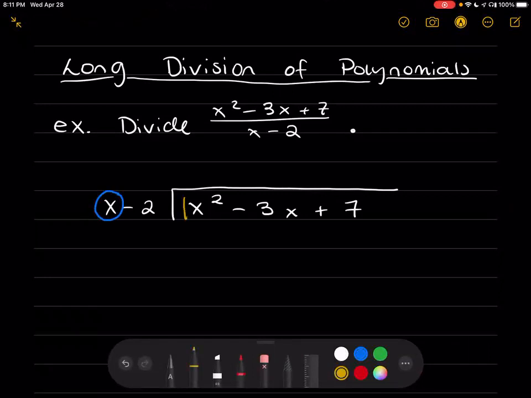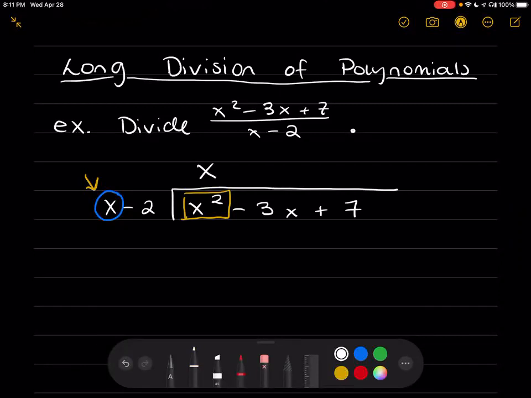To start off, we look at the first term in the dividend, and we ask, what can we multiply the thing in the blue circle by to get to the yellow thing? This is an x and this is an x squared, so the thing in the blue circle is missing a factor of x. So we write that up there like that.